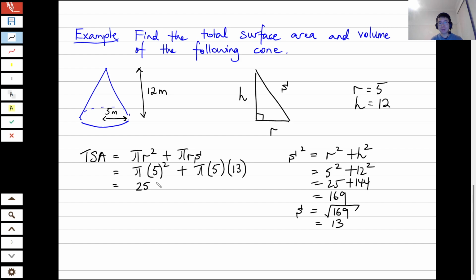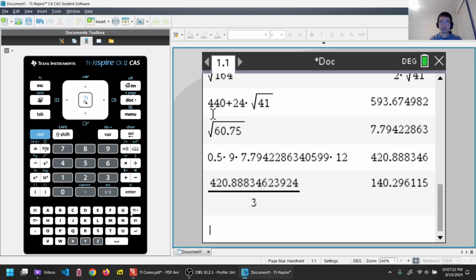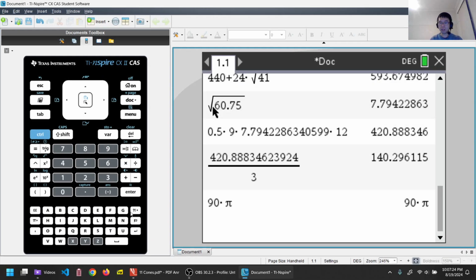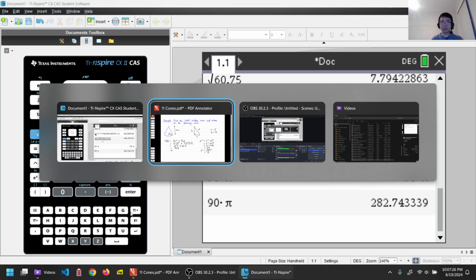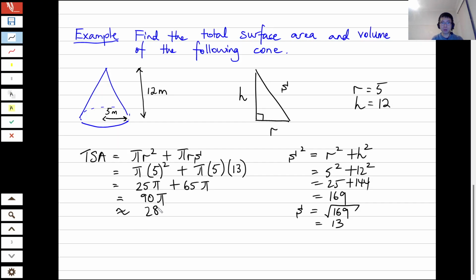So 5 times 5 is 25, 5 times 13 is 65, 25 plus 65 gives us 90. So that's going to give us 282.74 square meters to 2 decimal places.